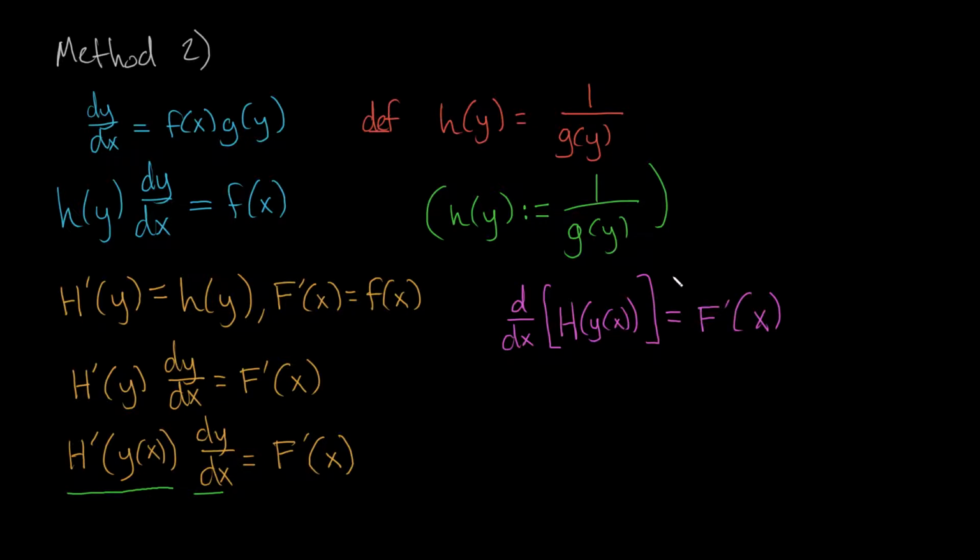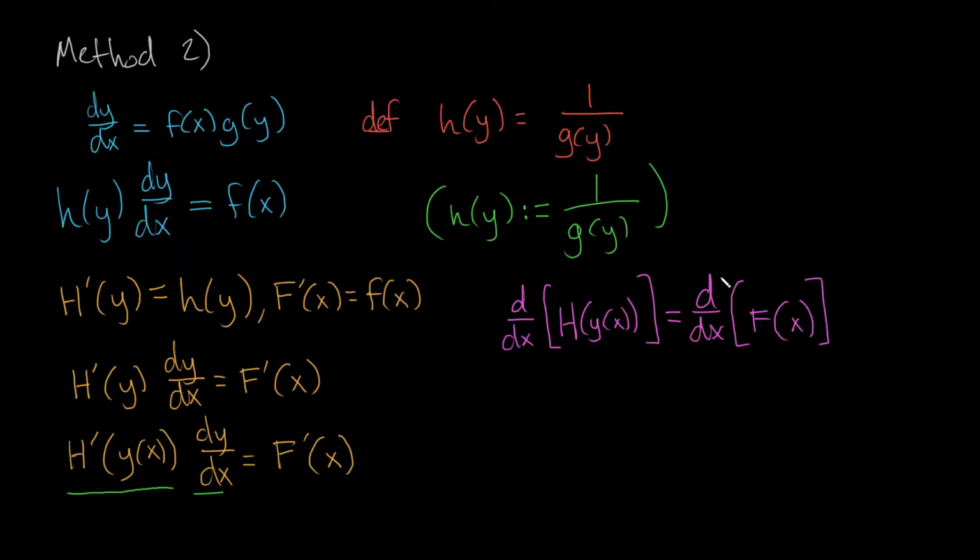Now, if the derivative with respect to x of this function, H of y of x, is equal to the derivative with respect to x of this function, right? So we could, again, just rewrite this F prime of x as the derivative with respect to x of F of x.